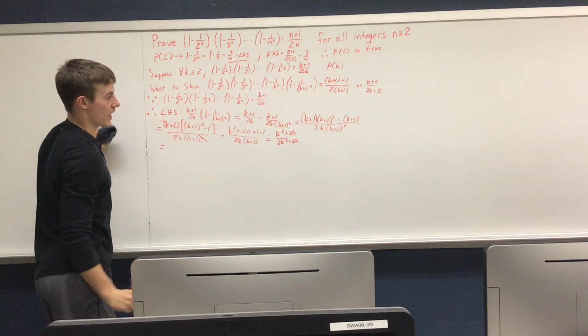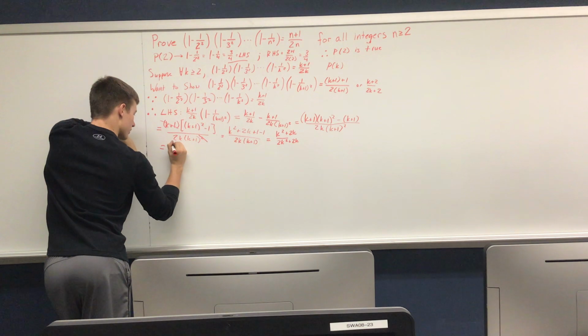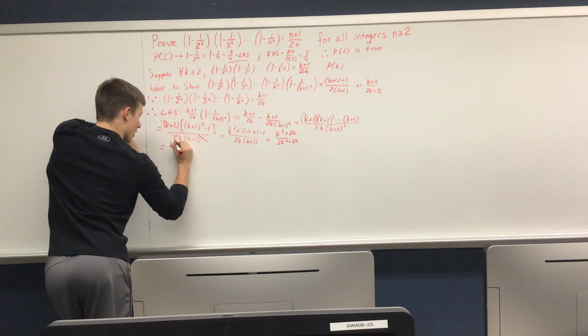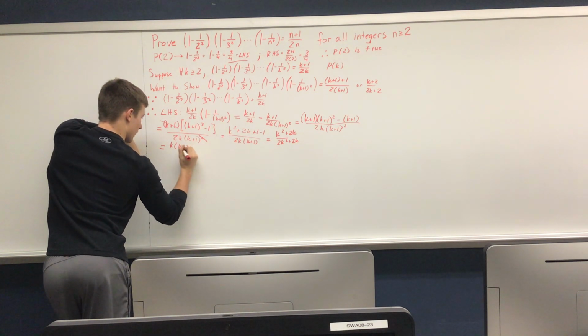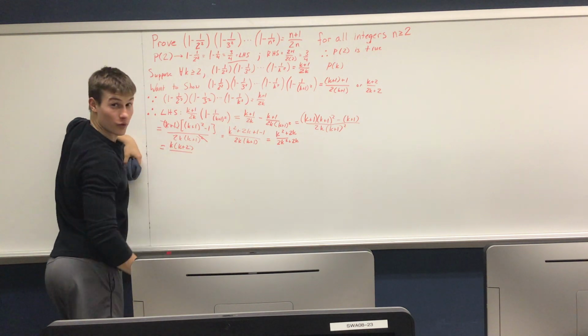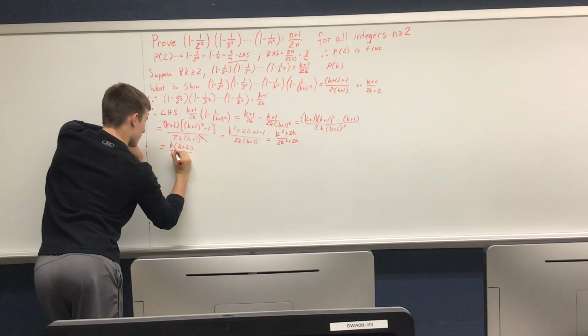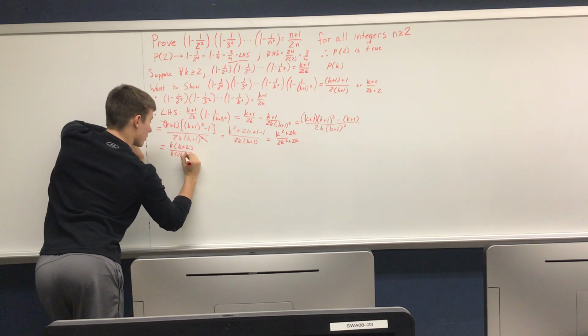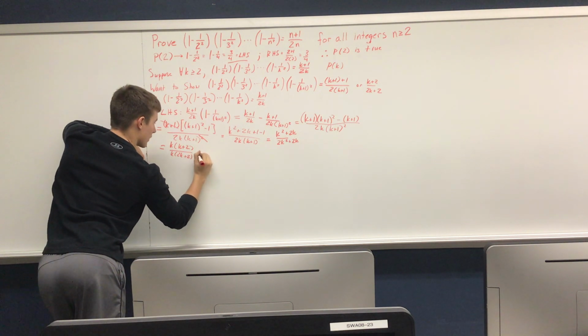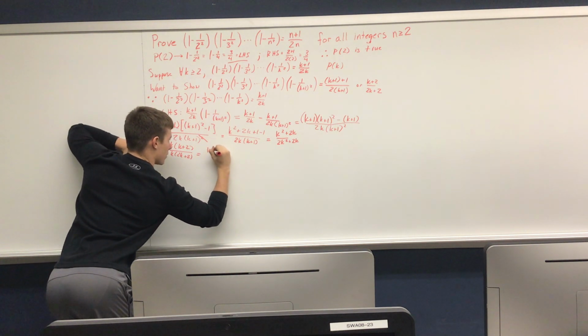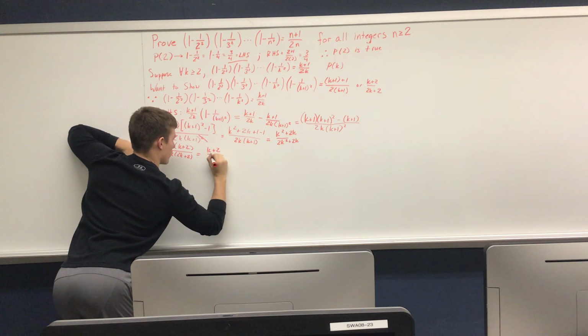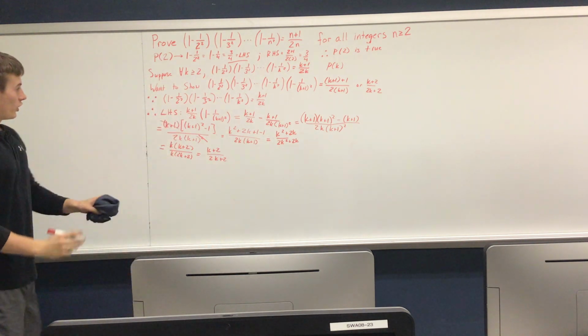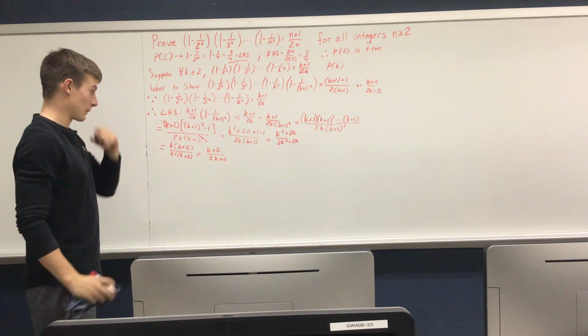Therefore, we know that we can take out a k from both terms, the top and bottom, which gives us k times k plus 2, over k times 2k plus 2, which then we know equals k plus 2 over 2k plus 2. So that's our left-hand side.